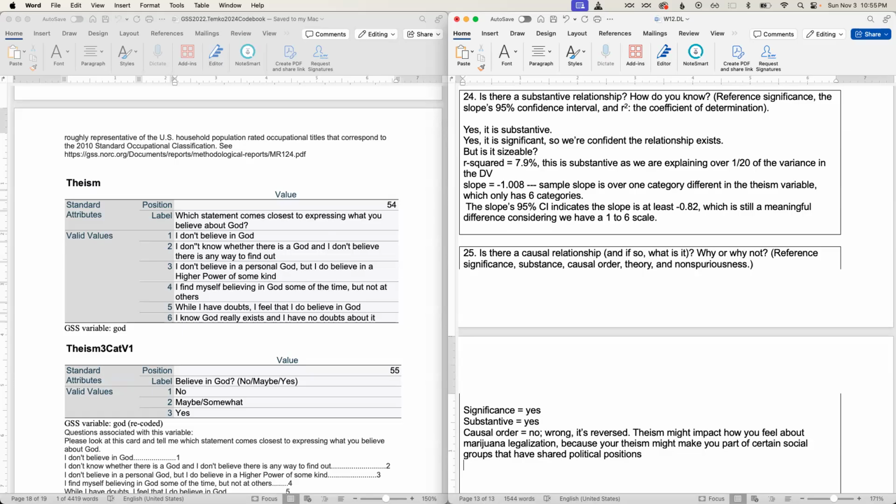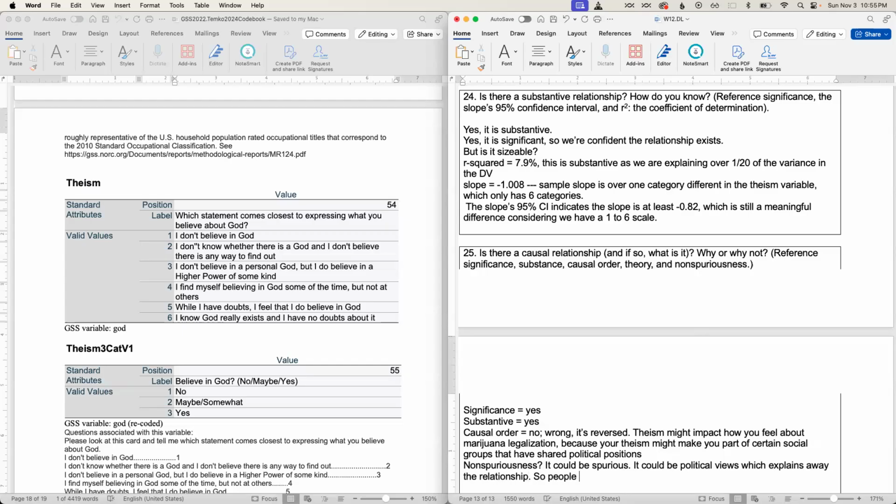Could marijuana legalization impact your view on God, like your views on marijuana legalization? It could. I think that actually goes to the non-spuriousness. I'd say it could be spurious. If we took the actual causal order as right, it could be political views which explain away the relationship.